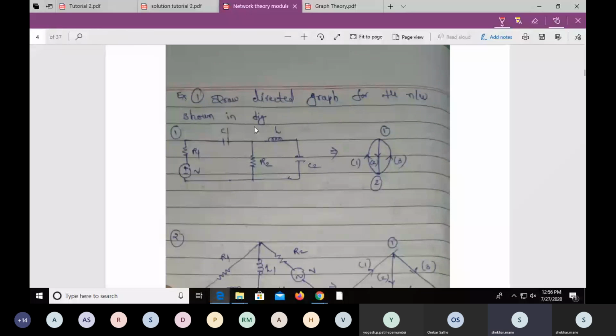See this example. Draw a directed graph for the network shown in the diagram. So here you can see this is node 1, this is node 2. Only two nodes are there.